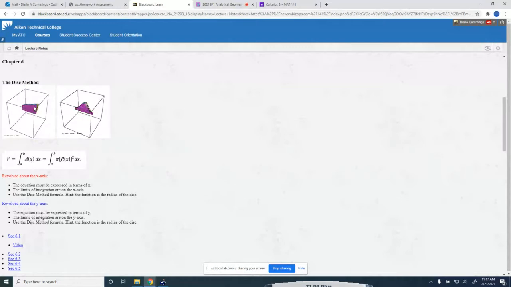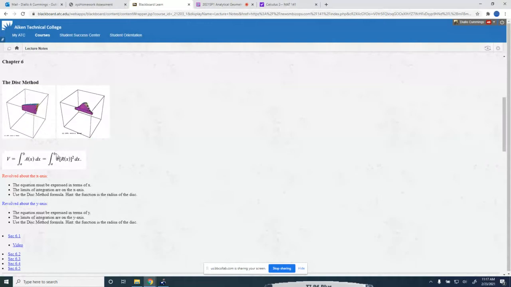If you pay close attention to the DISC method, when we take a curve and rotate it about the x-axis, it forms a circular disc. We then take the area for that circular disc and we add up all of the area from a to b, and that would give us the volume.